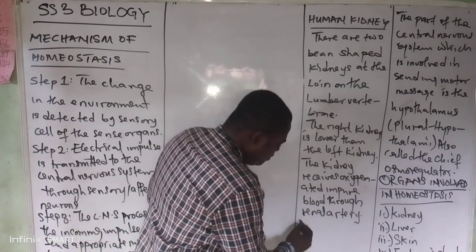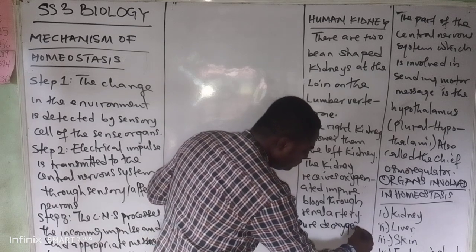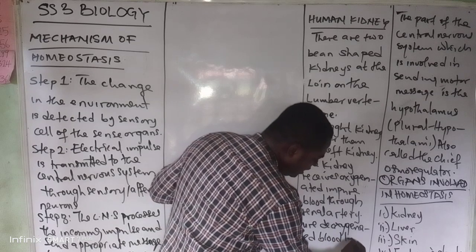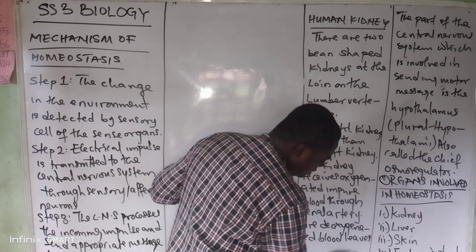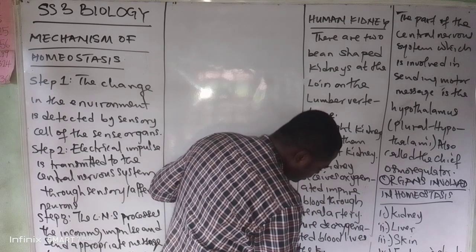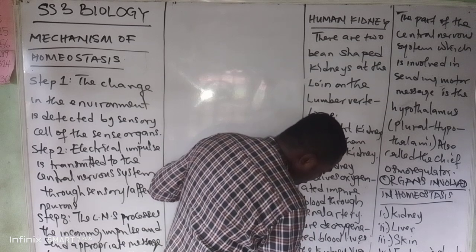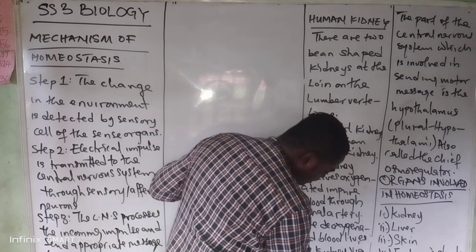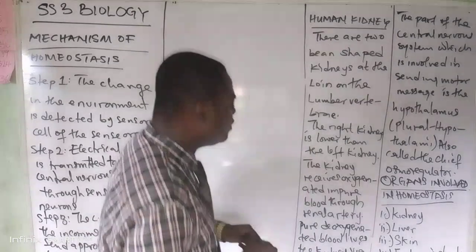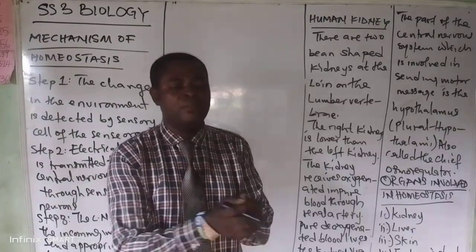Now, pure, deoxygenated blood leaves the kidney via the renal vein. Take note of that. What I am trying to say here is that the function of the kidney is to filter your blood and remove impurity.